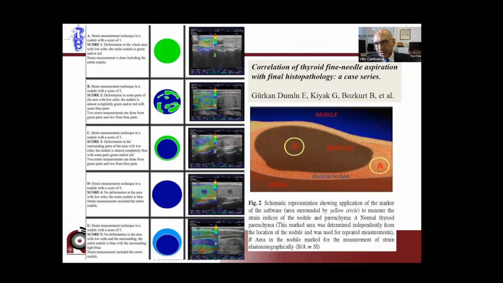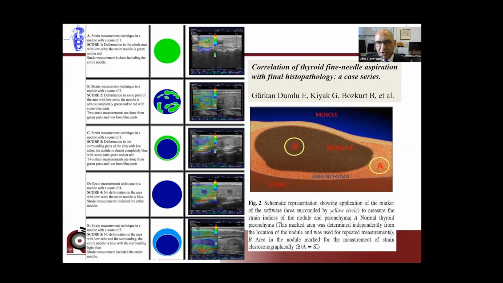This was the beginning of the application of ultrasound elastography. Thereafter, we tried to quantify measurements to be reliably available and allowing us the possibility to follow up this kind of patient.